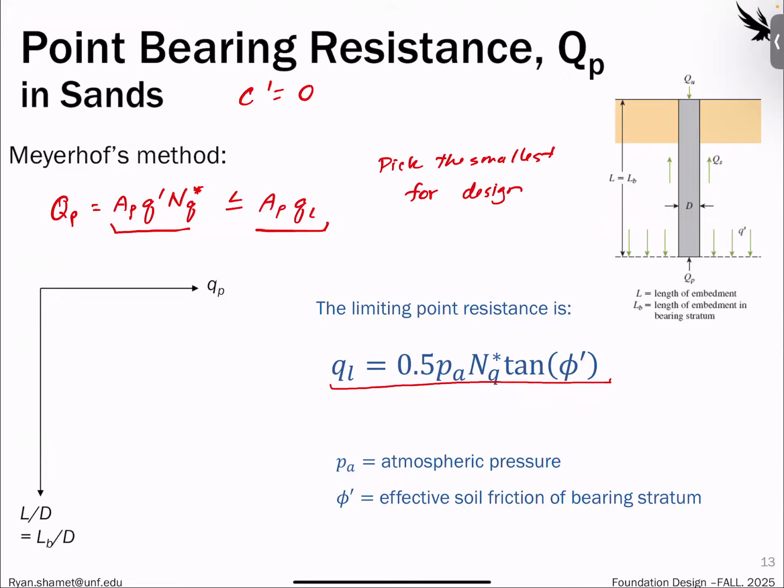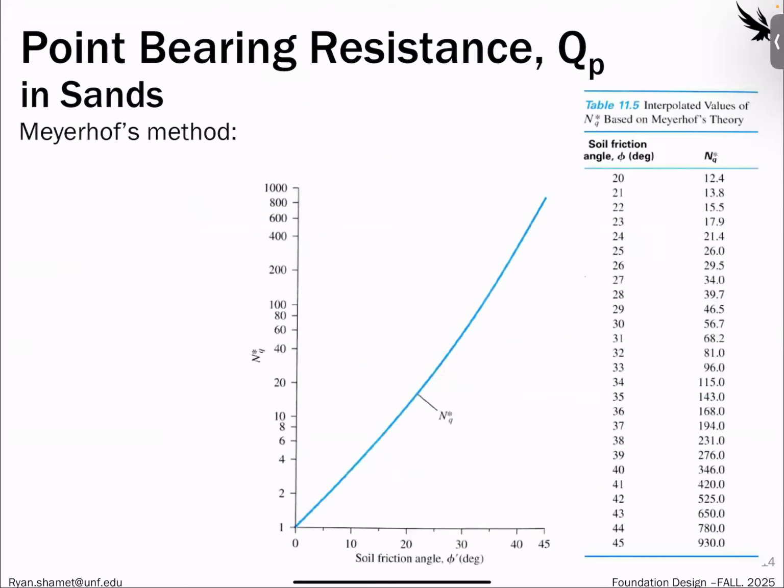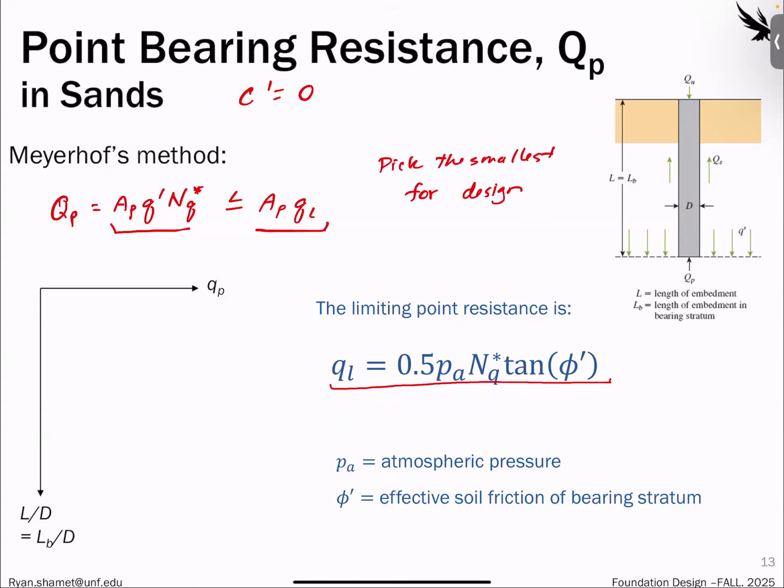So it's very similar to what we were just talking about with the frictional resistance. If we were to plot this point bearing resistance versus the embedment length divided by the diameter, so normalized with the diameter of the pile, we would see it increasing to a certain extent, and then eventually we would see that value maximize.